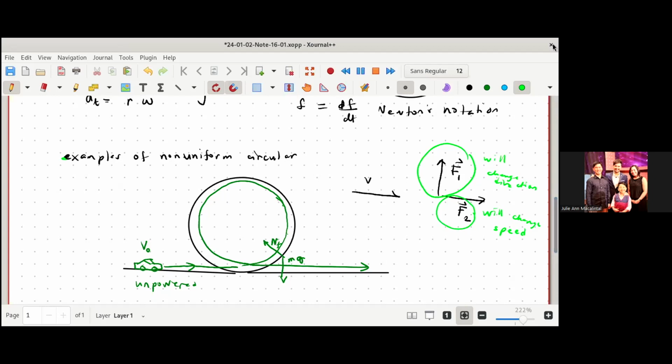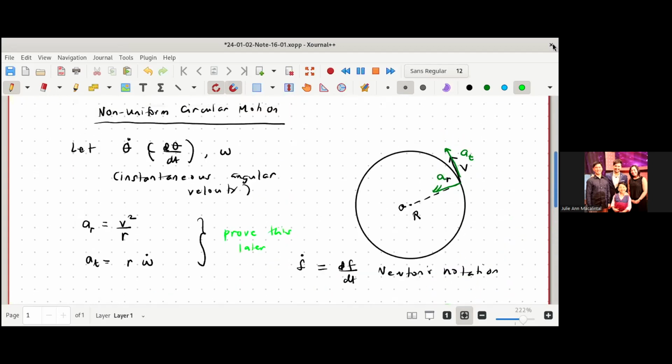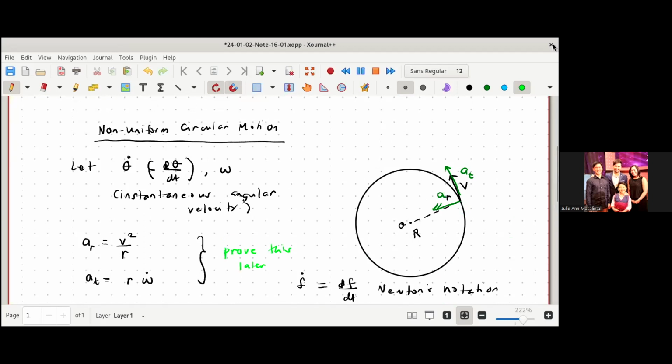So, yeah, non-uniform circular motion, this is what will happen. Okay. But I think most of the problems that we'll be dealing with here, we assume uniform circular motion to make it easier. So one example, let's go back to uniform circular motion: the rotating turntable.